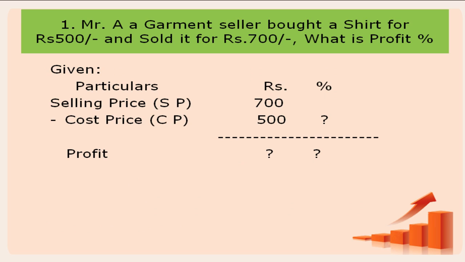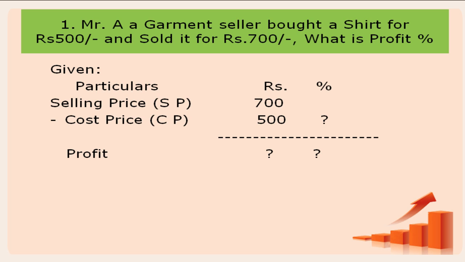Mr. A garment seller, bought a shirt for rupees 500 and sold it for rupees 700. What is profit percentage? Now we have to write what are all the given information and what we have to find out. Selling price in rupees is 700, cost price in rupees is 500. So we have to calculate profit and also the profit percentage.